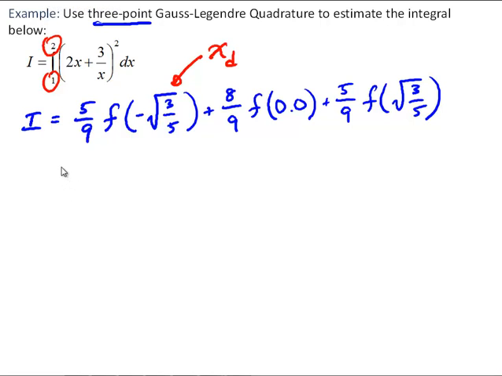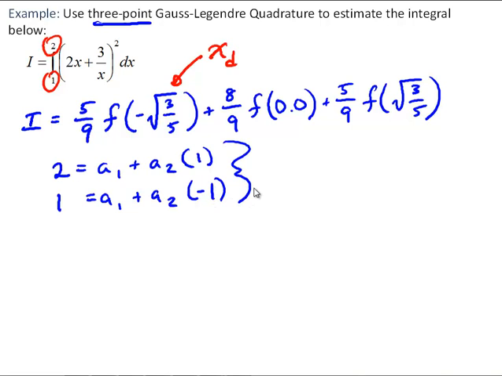We're going to have 2 is our b is equal to a1 plus a2 times 1, and 1 is equal to a1 plus a2 times -1. And we can solve that linear system, and you'll solve for a1 is equal to 1.5 and a2 is equal to 0.5.